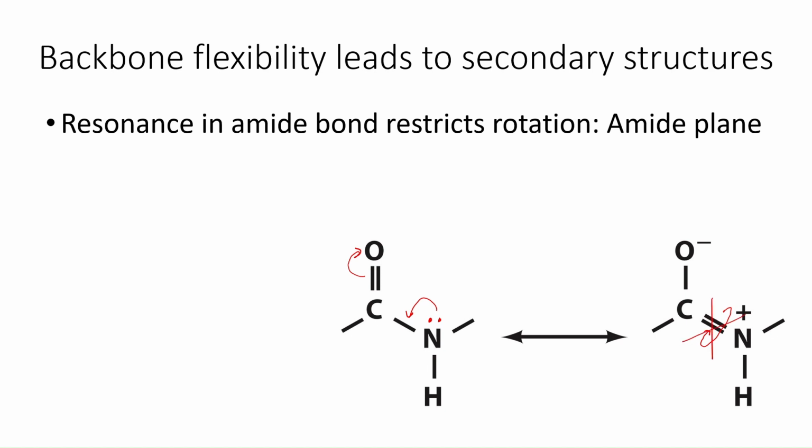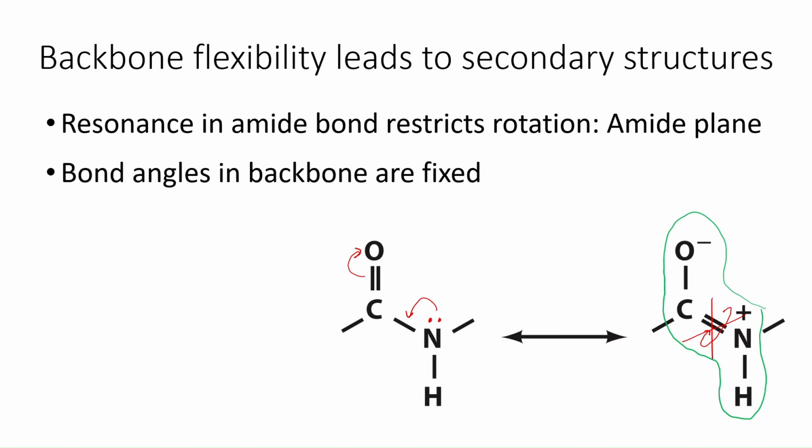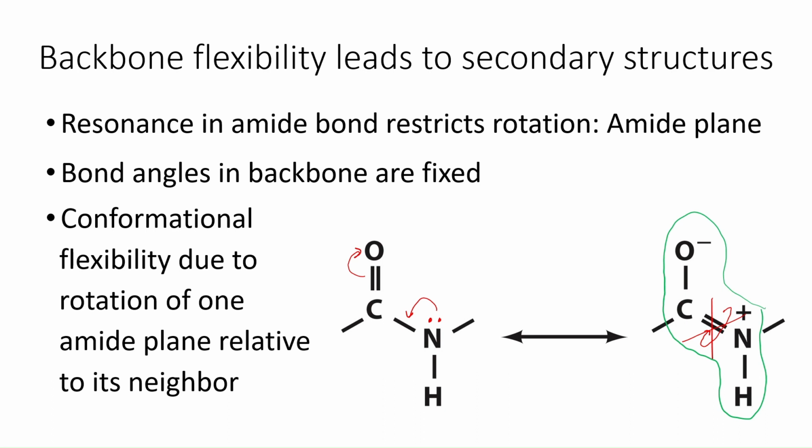And so because there's always going to be this partial double bond character in that amide bond, we have this restriction of rotation, and we call that the amide plane. The amide plane you can think of as consisting of these molecules here, the bonds that are surrounding that restricted rotation amide bond. And so because of this, the bond angles that are in the backbone of a polypeptide are relatively fixed. There are some that are very unfavorable or impossible, and there are some that are more allowable.